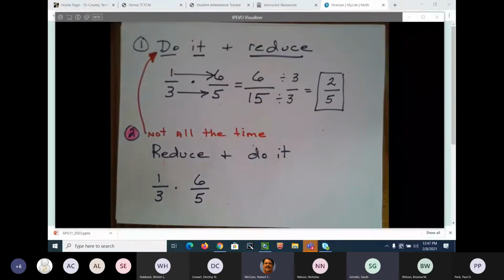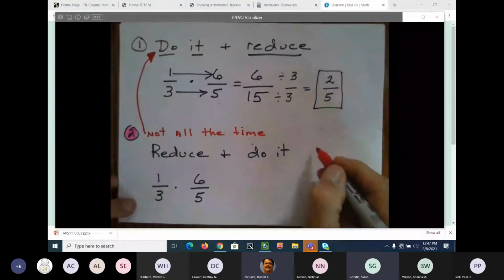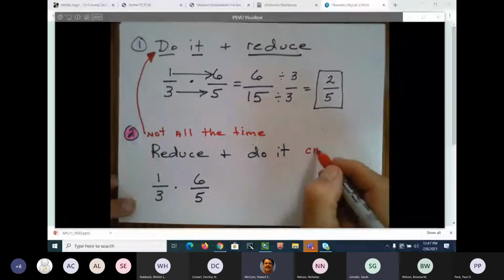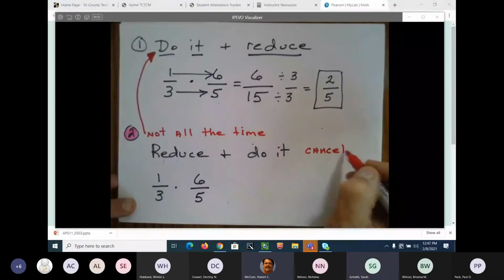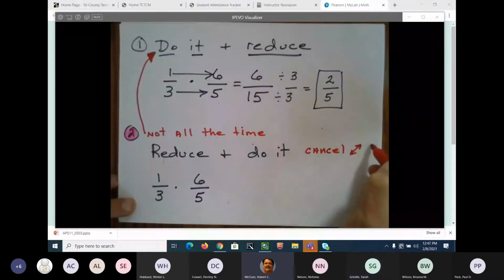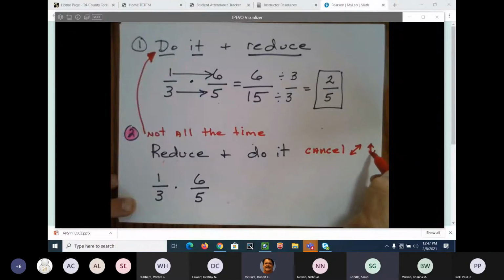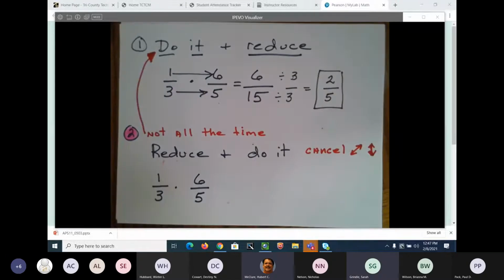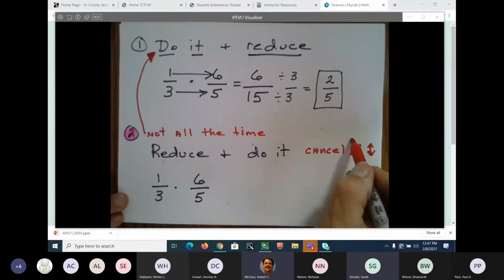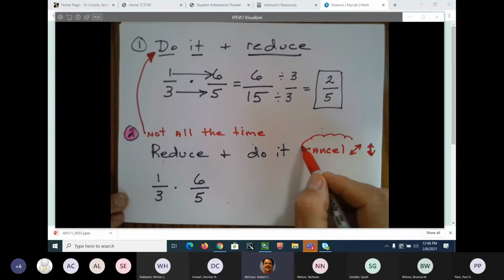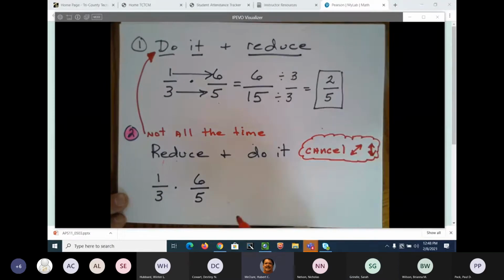All right, so here I'm going to take my handy dandy red pen. And remember, you can only cancel diagonally and vertically with multiplying fractions.